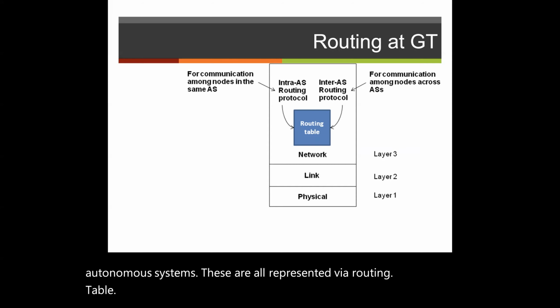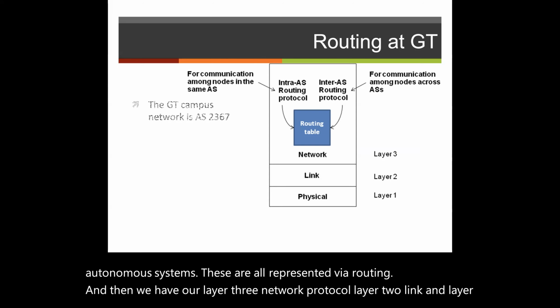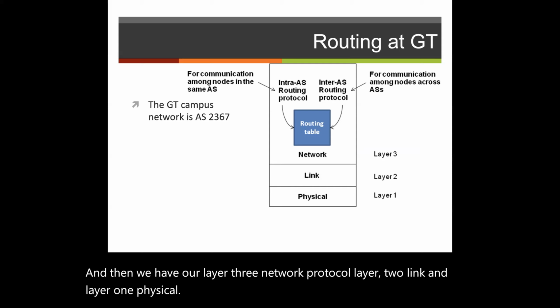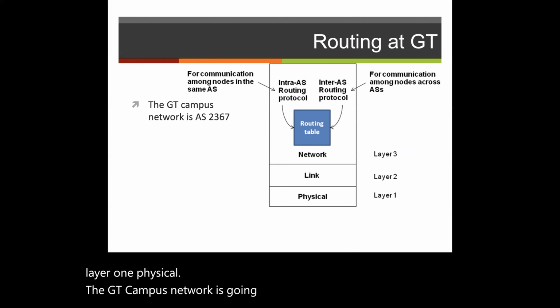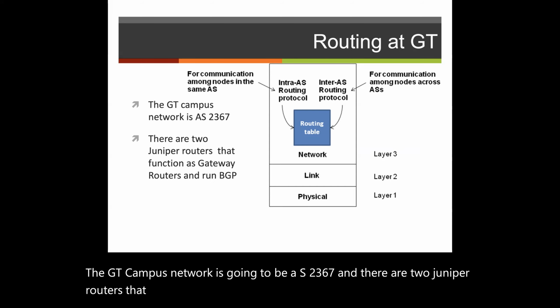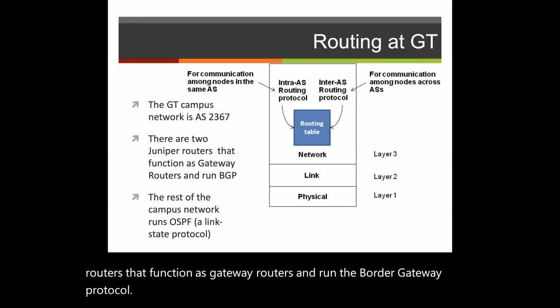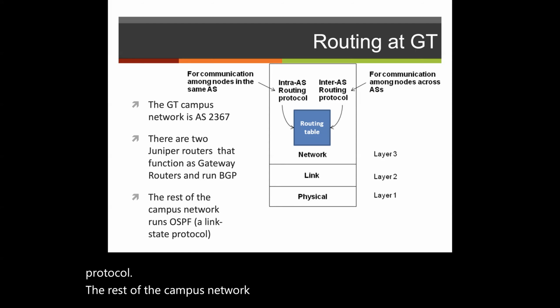And then we have our layer 3 network protocol, layer 2 link, and layer 1 physical. The GT campus network is going to be AS2367, and there are 2 Juniper routers that function as gateway routers and run the border gateway protocol. The rest of the campus network runs OSPF, and that is a link state protocol.